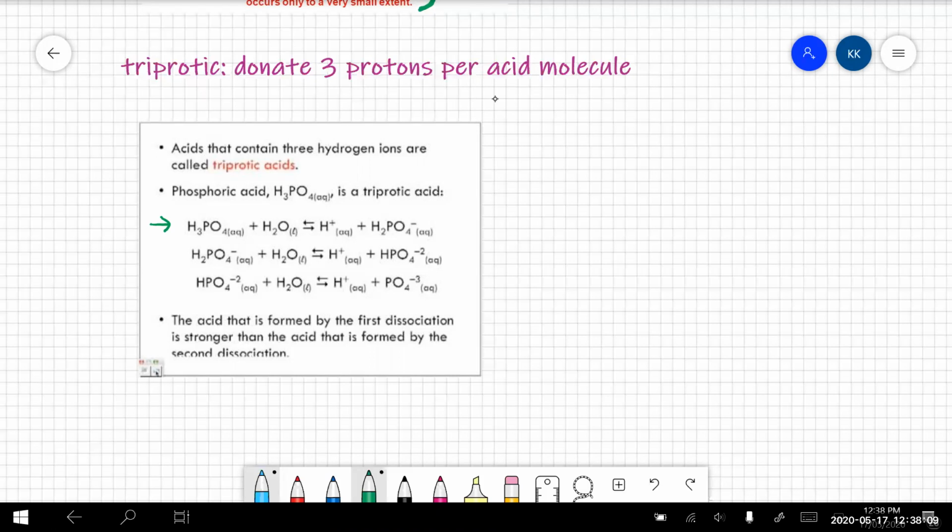In fact, I would prefer you to write H3PO4 reacting with water, showing that you go down by a hydrogen, down by a charge, and show the hydronium ion instead. Okay, and you can go through and do that for the second 2 ionisation steps. And again, we see that the first dissociation occurs really well, but the others to a much smaller extent.